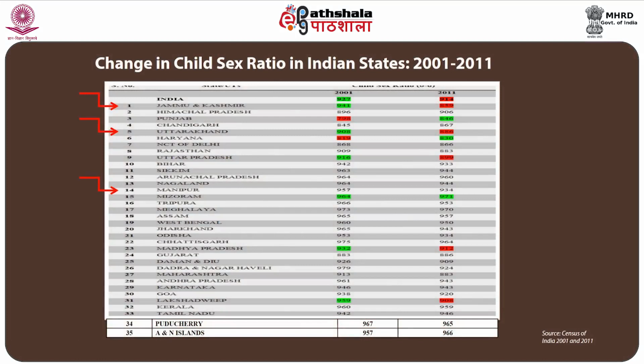The Jammu and Kashmir decline has been phenomenally high, and there has also been decline in Uttarakhand, Rajasthan, Manipur. This tells us that the phenomenon of discrimination against female children is not merely concentrated in some parts of the country. It has now spread from the central north to many other regions of the country.